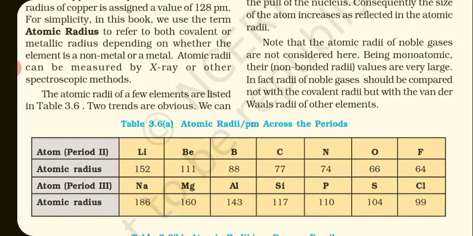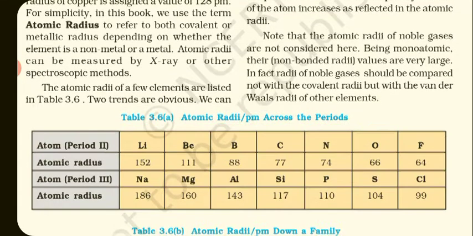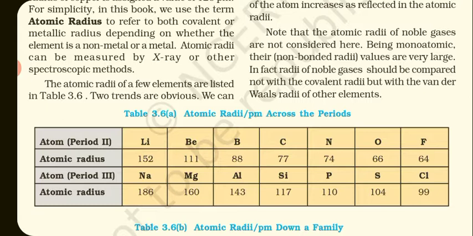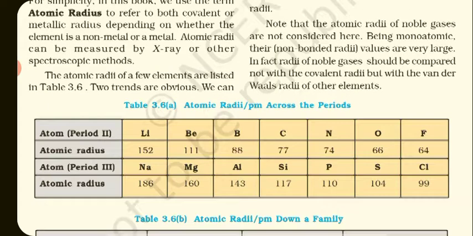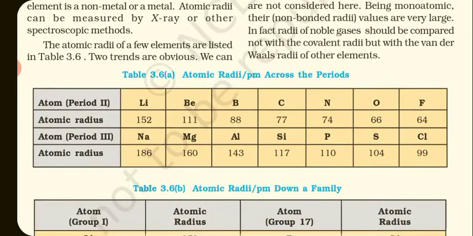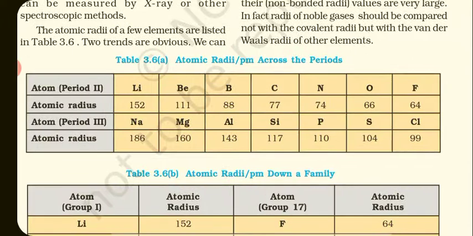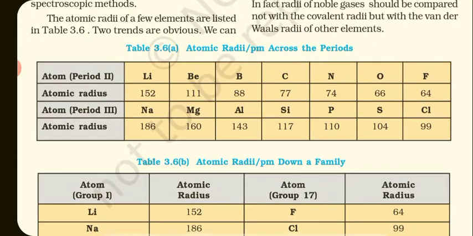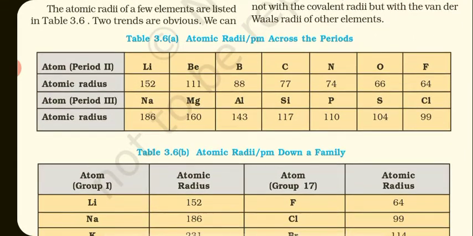For simplicity, in the book, we use the term atomic radius to refer to both covalent and metallic radius. Atomic radii can be measured by X-ray diffraction technique or other spectroscopic methods. The atomic radii of a few elements are listed in table 3.6.